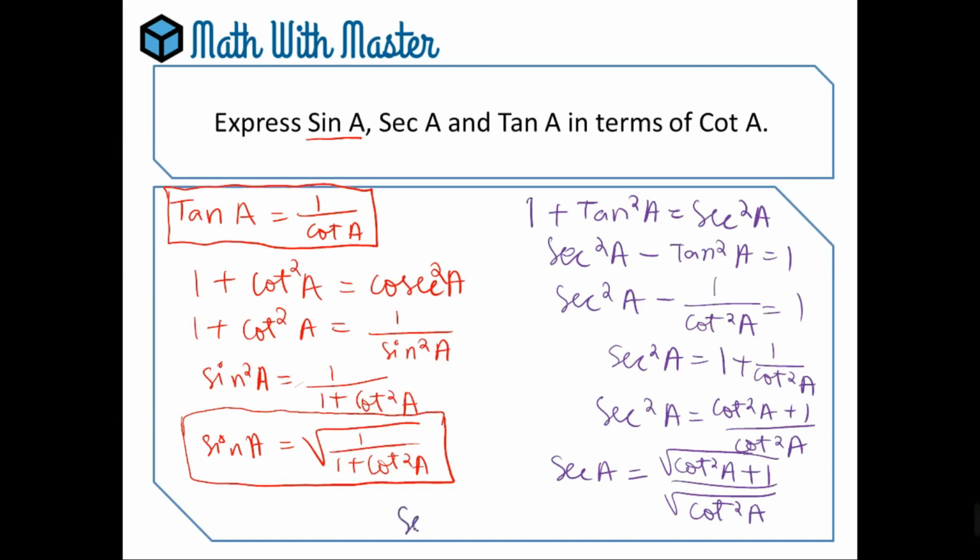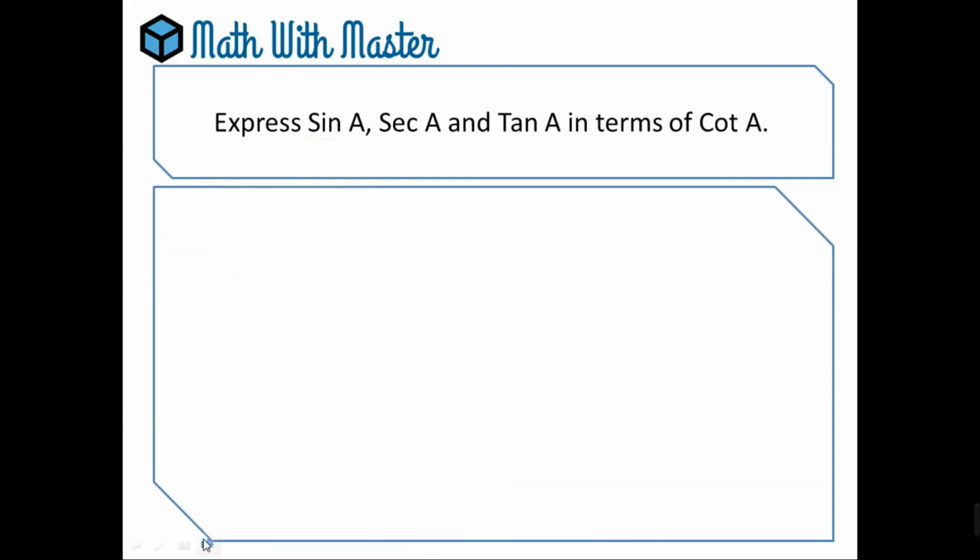So here our sec A value will come as root of (cot square A plus 1), and down, square and under root will get cancelled, and here cot A will come. So we have found all the trigonometric ratios asked in terms of cot A.